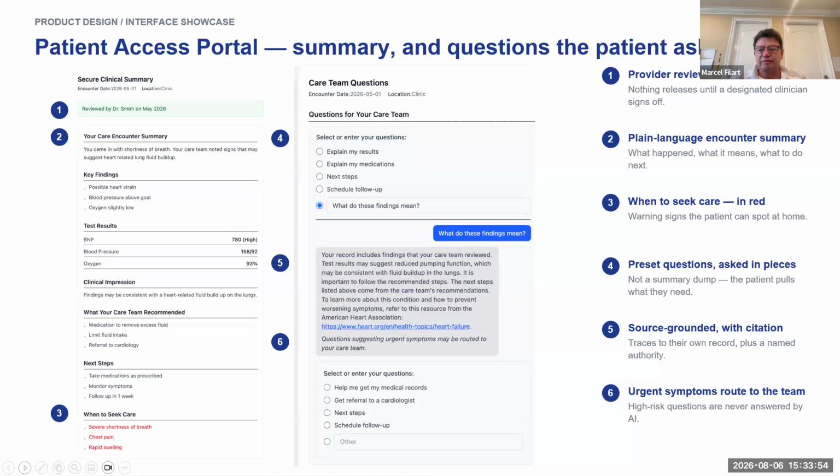And on the right side is where he can choose what options he wants by a click. And he can also enter a free question, right? And this is physician-approved information before it goes to the patient. That's very powerful because he is acting right on the spot and he gets the information.